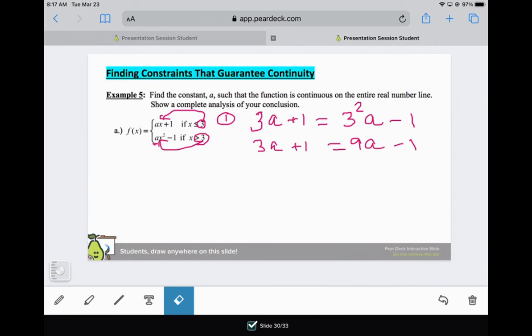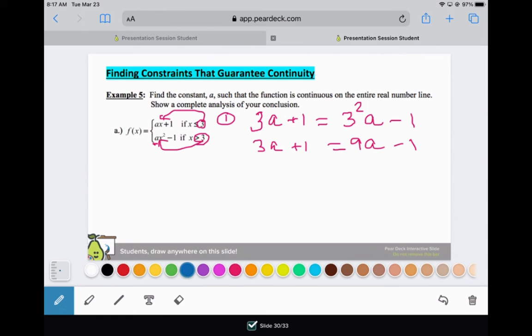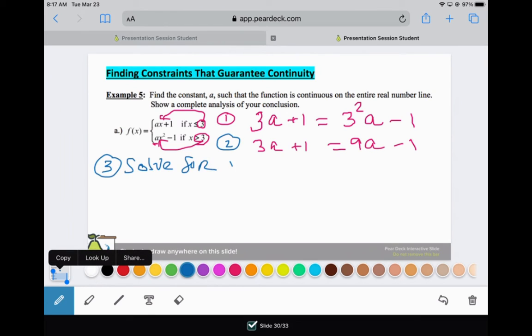So step number 1, replace x values. Step 2, set those two equations equal with each other. And then step 3, I'm going to solve for a. We know how to solve equations, so we can combine like terms. Plus 1 on both sides.